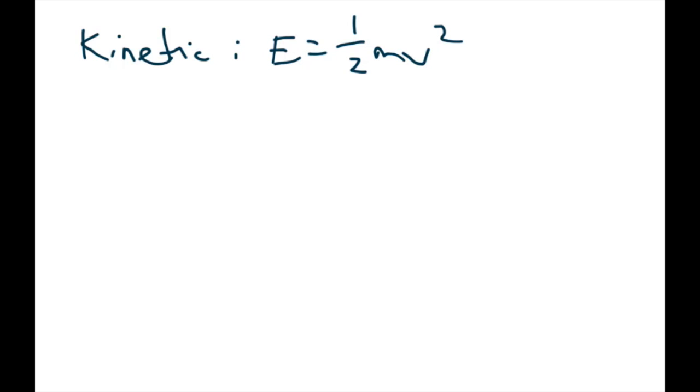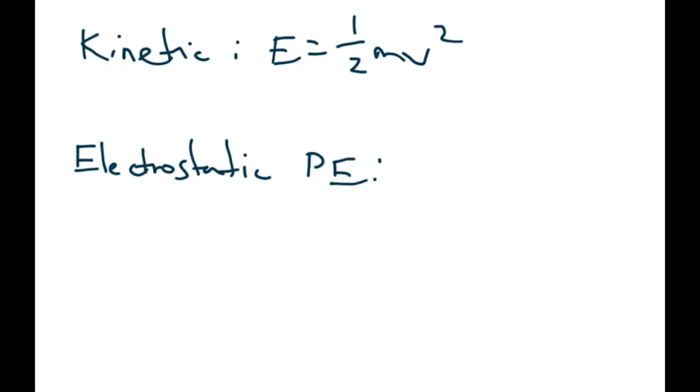Another type of energy that we see in chemistry is electrical or electrostatic potential energy. And the formula for that is K, which is a constant, Q1, Q2, divided by the distance between the two charges.